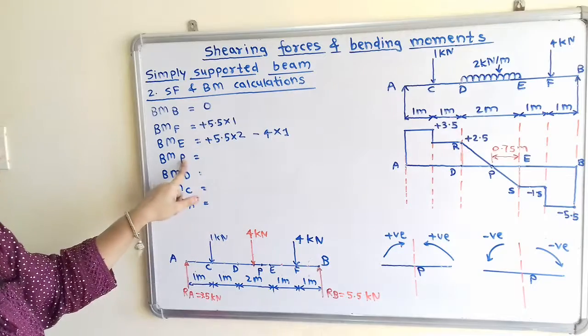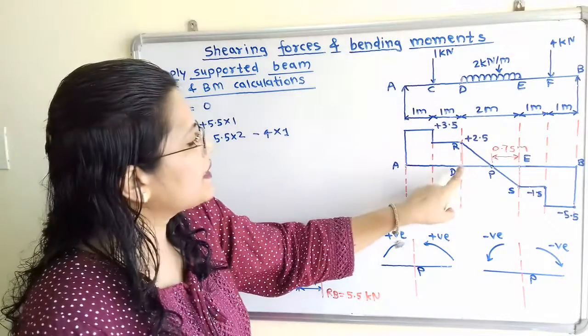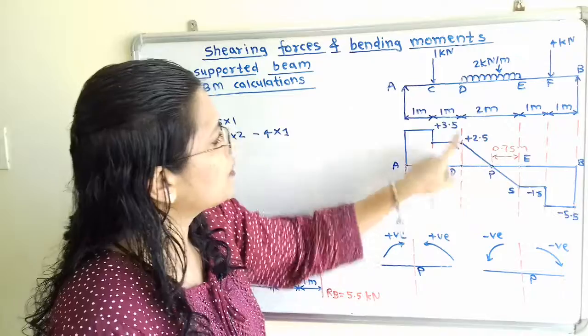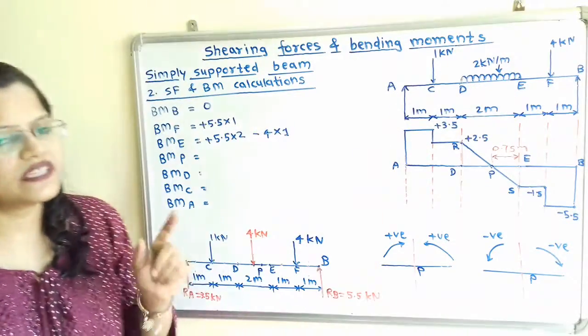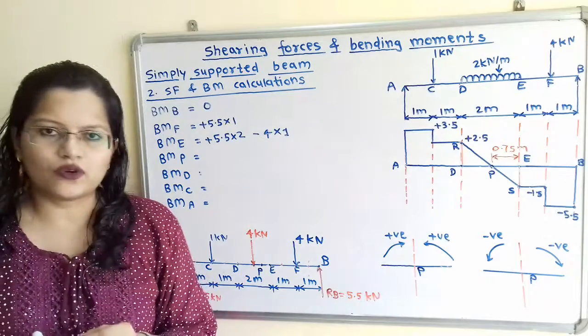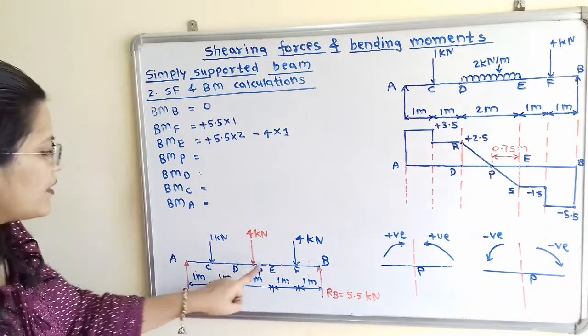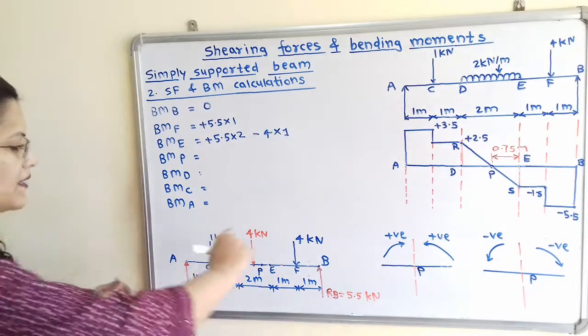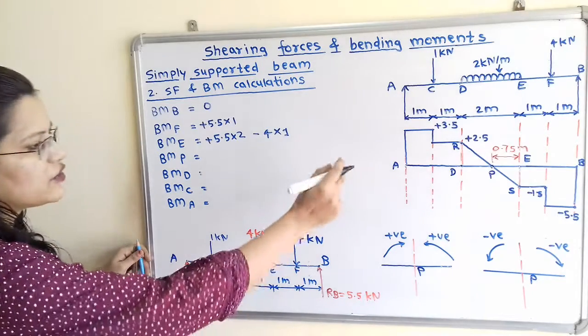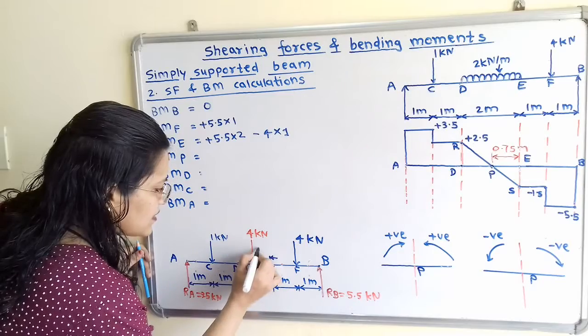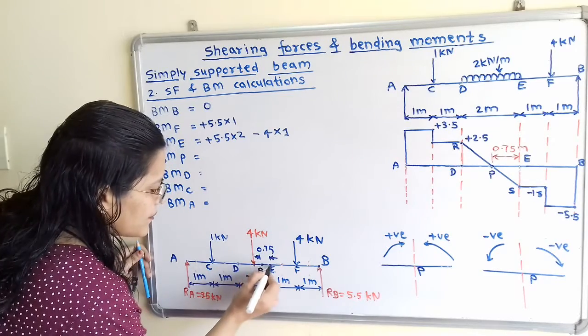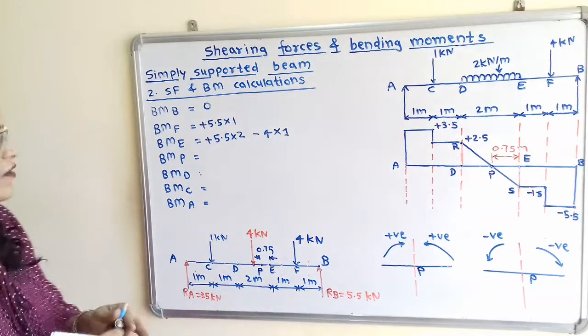If we observe, this point P is in between this section D to E, where this section D to E is with uniformly distributed load. Now we will consider here the point P, which is at distance 0.75 meter. So we will mention this distance from this point E. So we will calculate this.